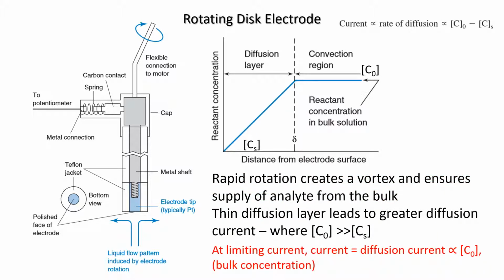So the limiting current, the current that we achieve at the point where increasing the potential no longer increases the current, is largely due to the diffusion current, and this is largely proportional to the concentration in the bulk.